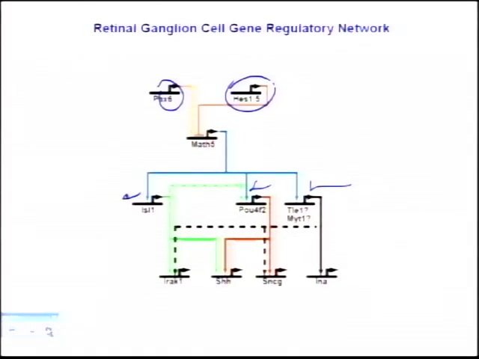Now, Islet1 can turn on transcription factors like IRAC, and that IRAC expression doesn't depend on POU4F2. It can turn on transcription factors like Sonic hedgehog, whose expression depends on both POU4F2 and Islet1.